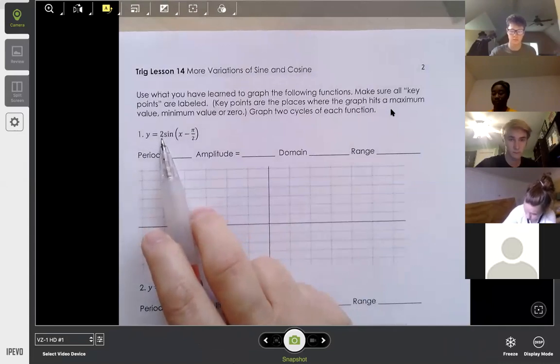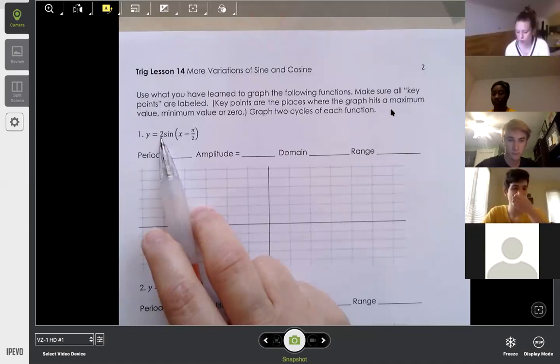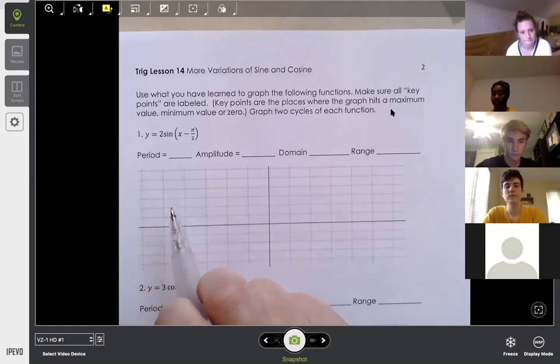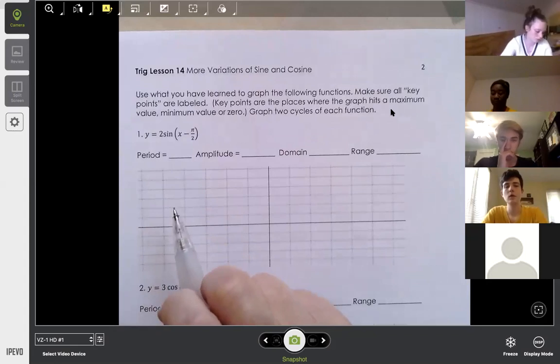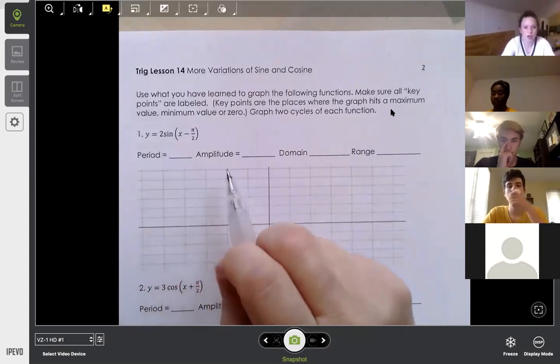Now, this 2 in front of the sine, what do we know that's going to do to the graph? Tessa? You would multiply it by 2. So what does that change? The period.